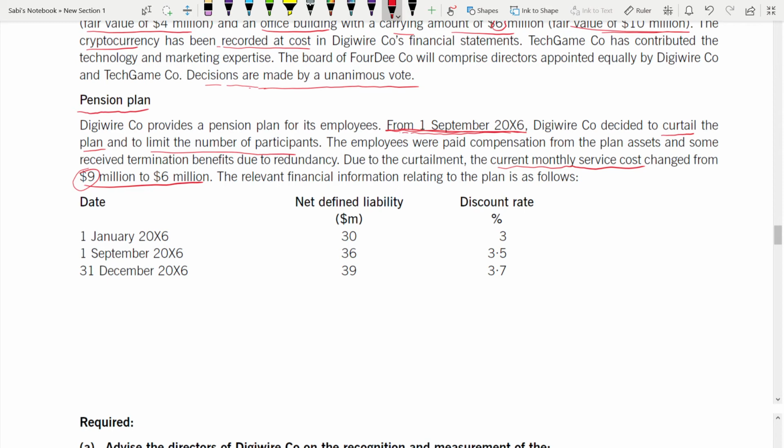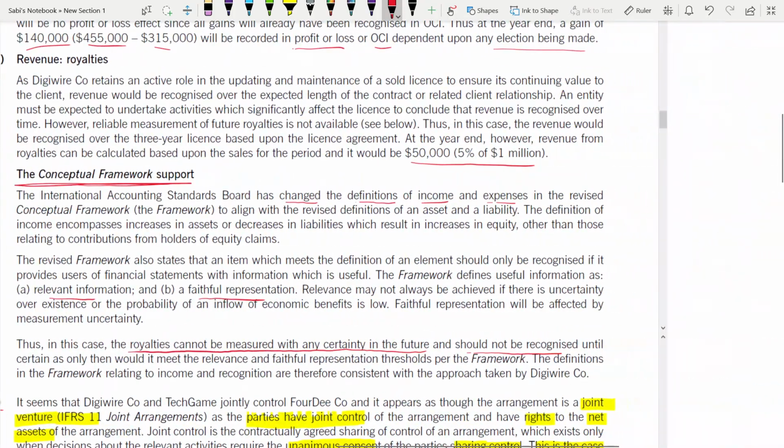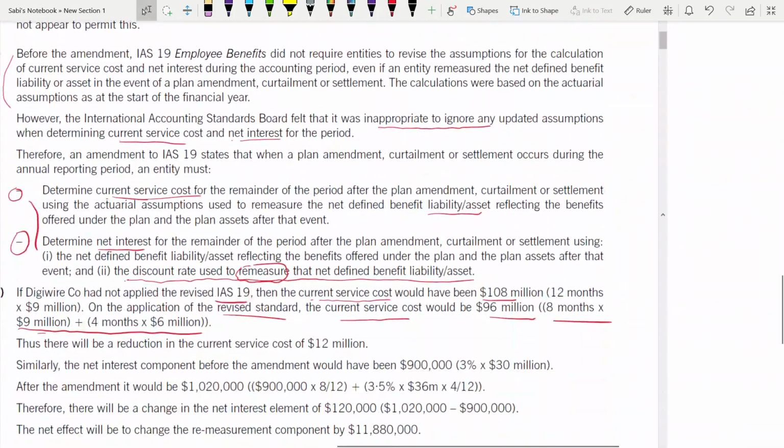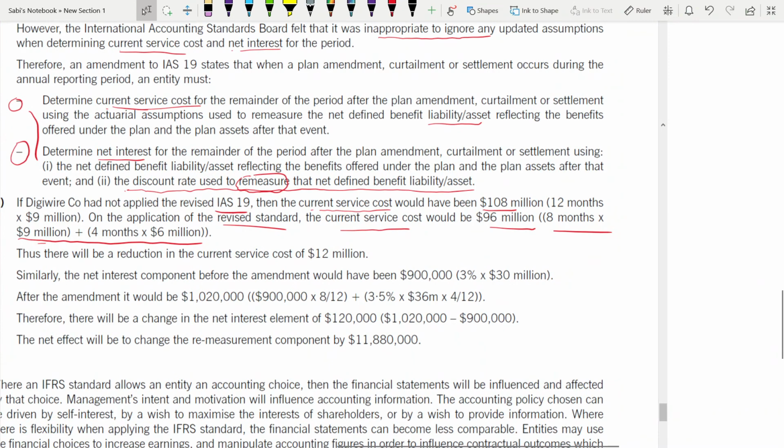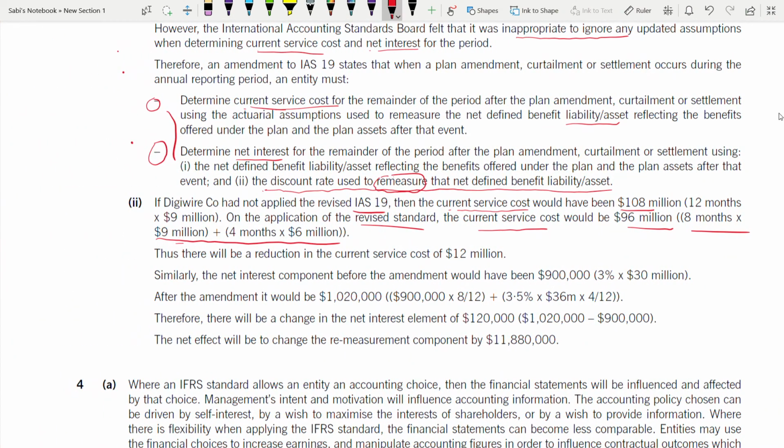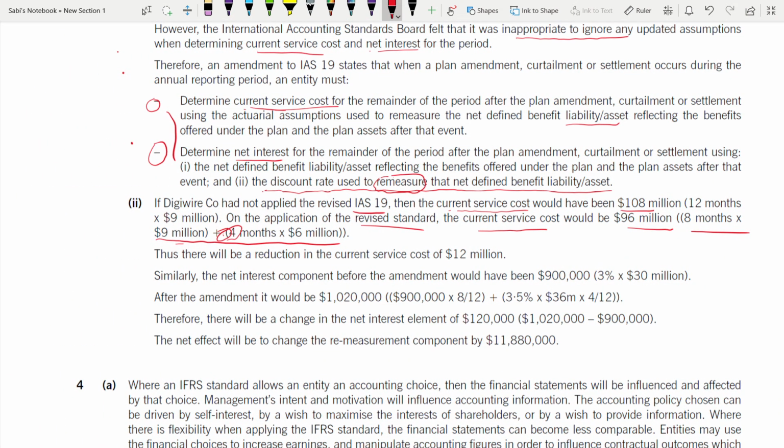So September, October, November, December, 4 months. That means the remaining 8 months it will be 9 million. So only for 4 months it is 6 million after the revision. Here the dates are very important. Next, thus there will be a reduction in the current service cost. Yes, from 108 to 96 the reduction is 12 million.